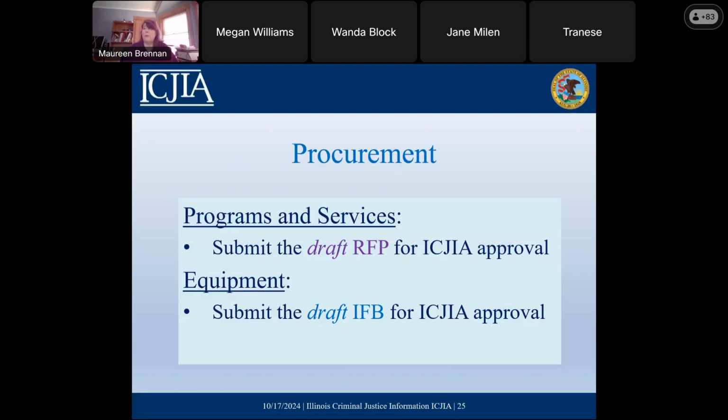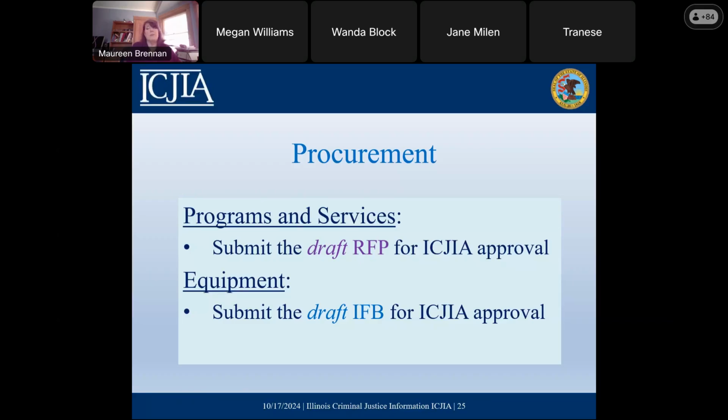Now, for big procurements, if you're going to identify a vendor to provide a significant service to you, then you're going to need to draft an RFP, a request for proposal.